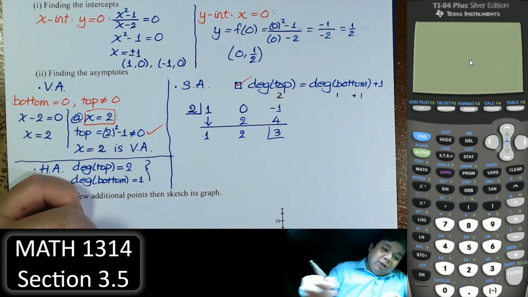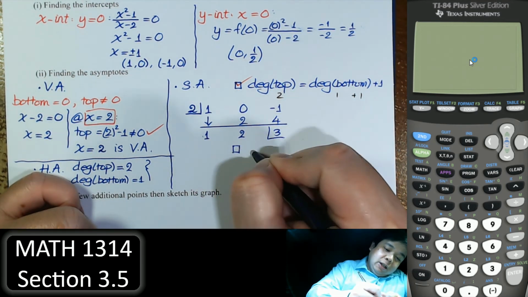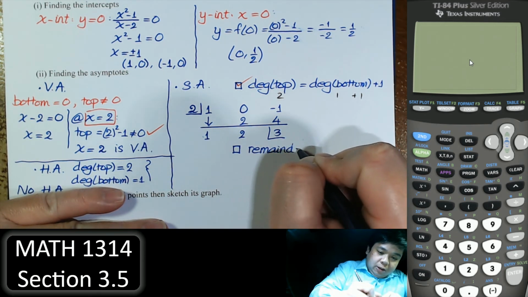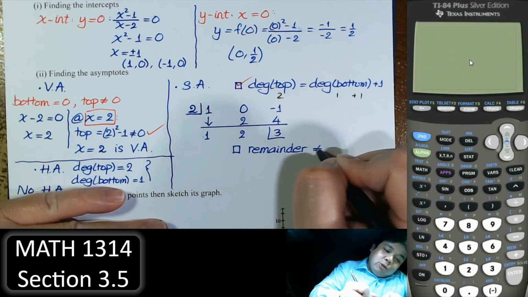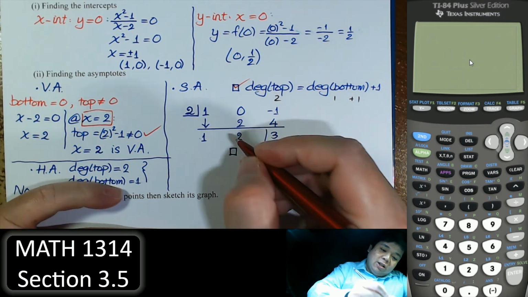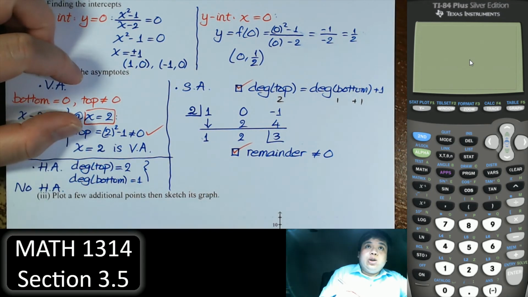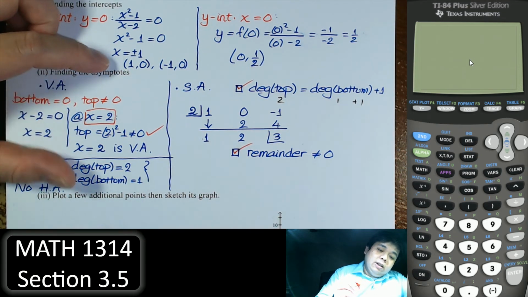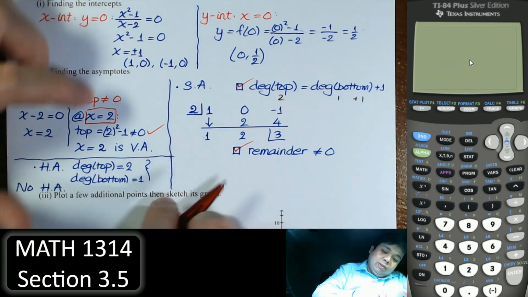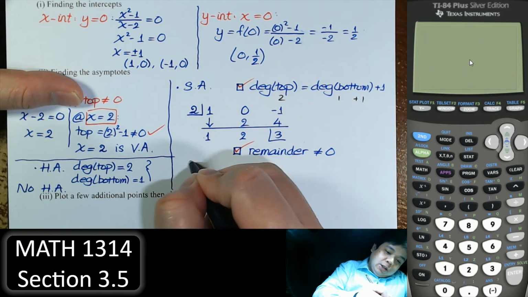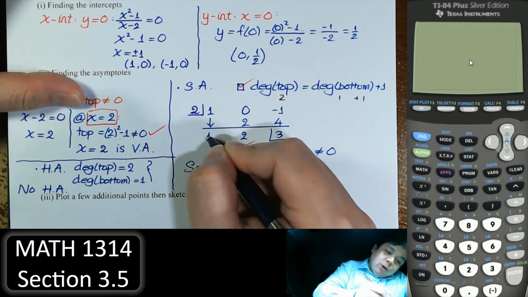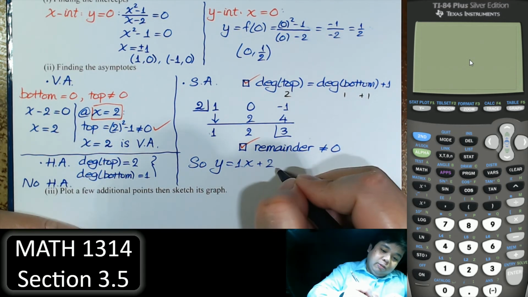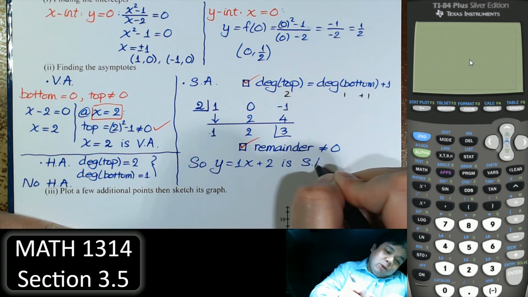So we have the second criteria, the remainder not equal to 0, and that certainly is the case. So in that case we have x equal to 1, the quotient. So y equal to 1x plus 2 is the slant asymptote.